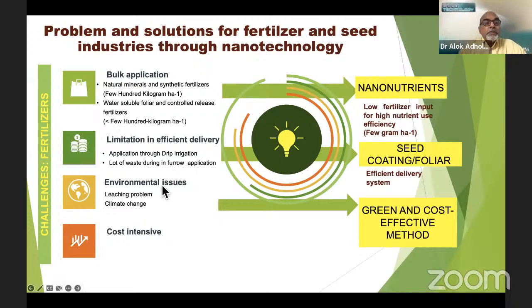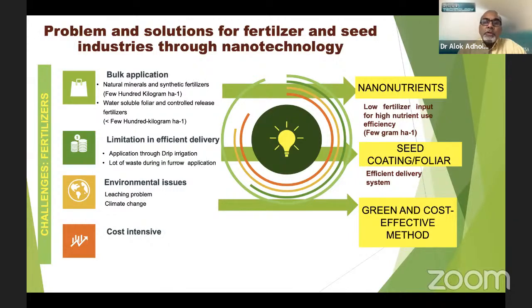And therefore, the fertilizers which are to be used have to go through all the equipment being used in the agriculture system. Obviously, the environmental problem due to bulk fertilizer or water-soluble fertilizer is towards leaching issues, because excessive material goes into the soil, and that leads to climate change impact.